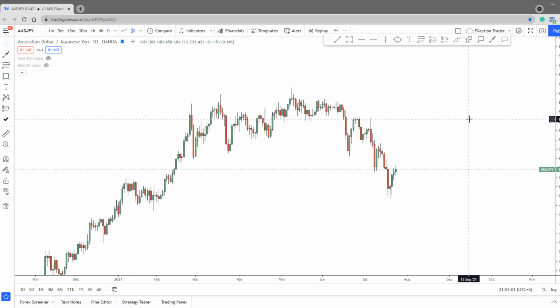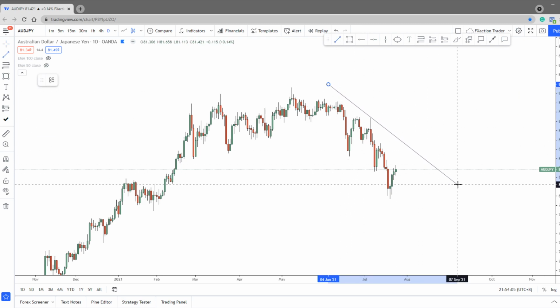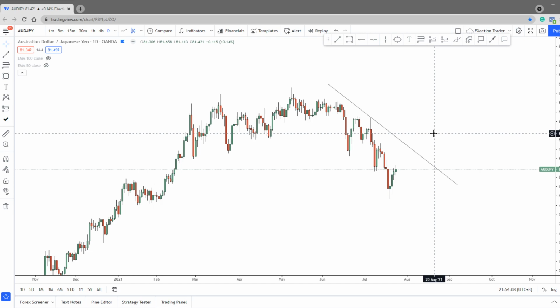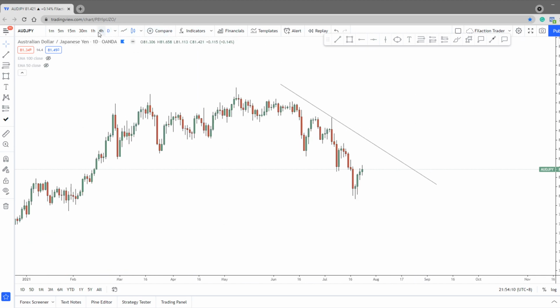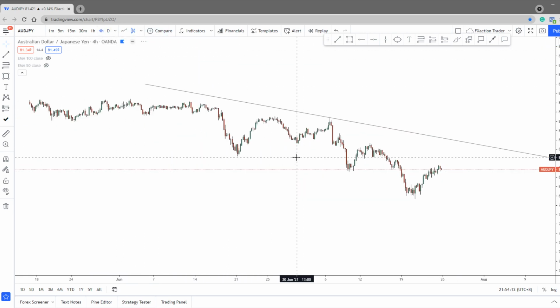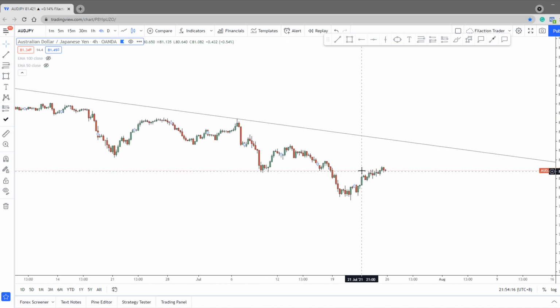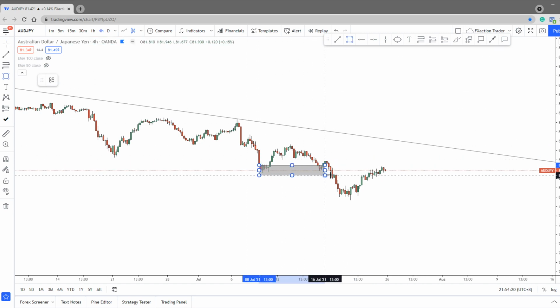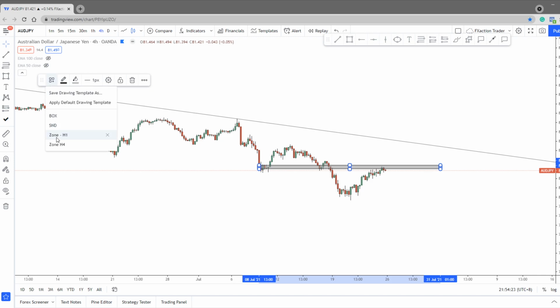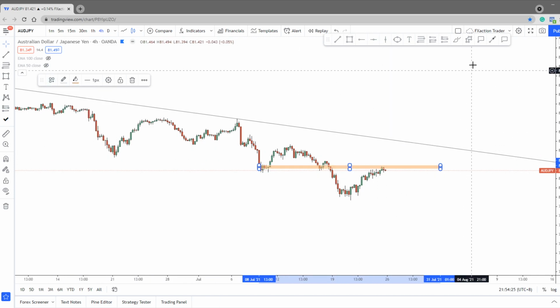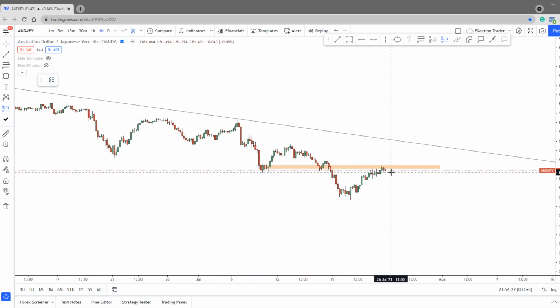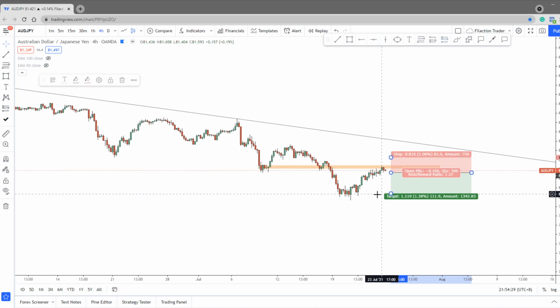Obviously we are not going to buy this pair, as we are going to trade along with the market trend. Let us have a look at this H4. On H4 we can see that the nearest support or resistance zone is here, so we are going to look for a short signal here when the market opens tomorrow.